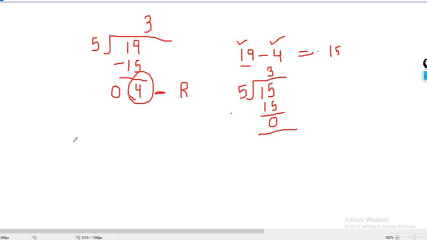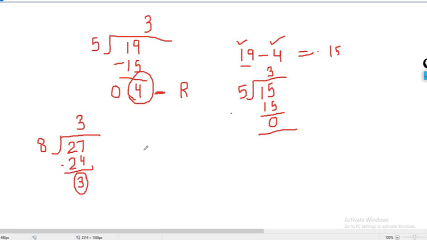I can take one more example, like if you are dividing 27 by 8, okay, you are dividing, and you know the division well. When you divide, you will see ma'am my remainder is coming 3, but I want my dividend to be completely divisible by 8. So what number should I subtract from 27?